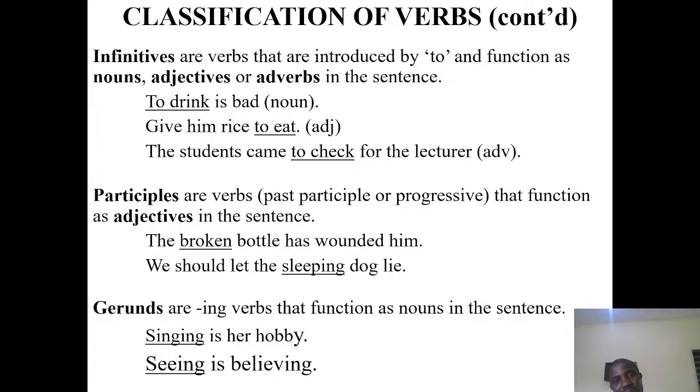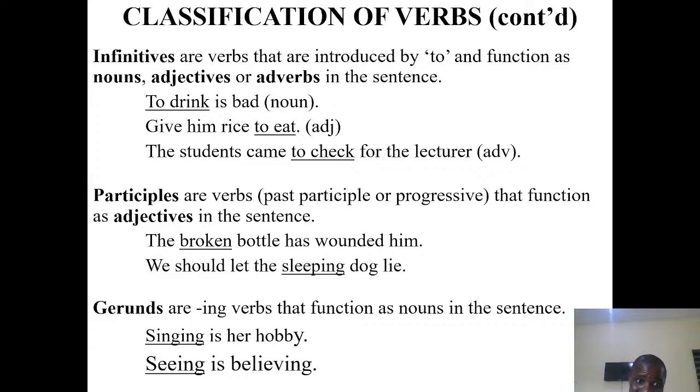Then the next one is gerund, an ing verb that functions as a noun in the sentence. Singing. Originally, we know the word singing is a verb. So any ing verb that is functioning as a noun, not as an adjective, is not modifying another word class. Sleeping is modifying another word class. That's why it functions as an adjective.